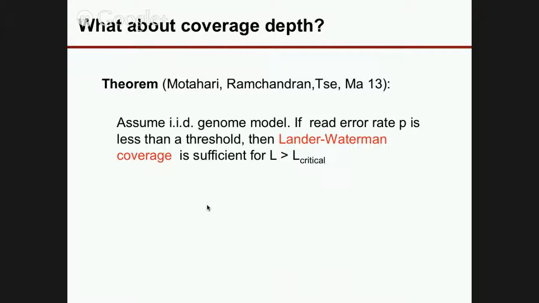What we showed was that if the read error rate P is less than a threshold, and this threshold depends on the IID statistics of the genome, then Lander-Waterman coverage is sufficient for error-rate calculation. So remember, for the IID genome, we have just picked it, right? What was happening in the IID case?